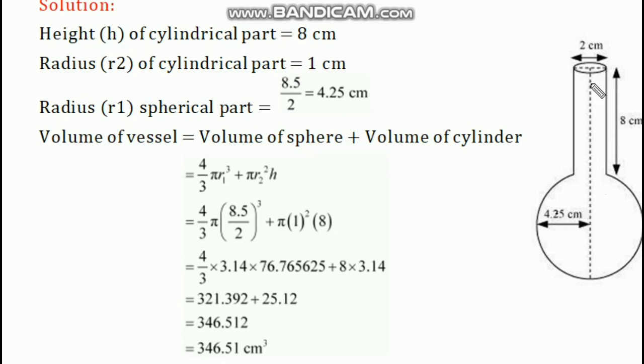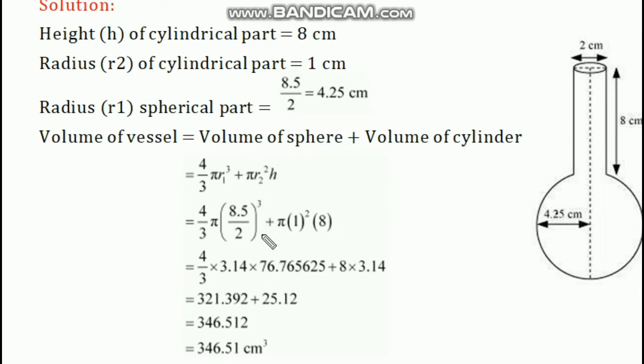So the volume of the vessel equals the volume of sphere plus the volume of cylinder. The formula for the volume of sphere is 4 by 3 pi r1 cube, plus pi r2 square into h, which is the volume of cylinder. The sphere and cylinder have different radii.